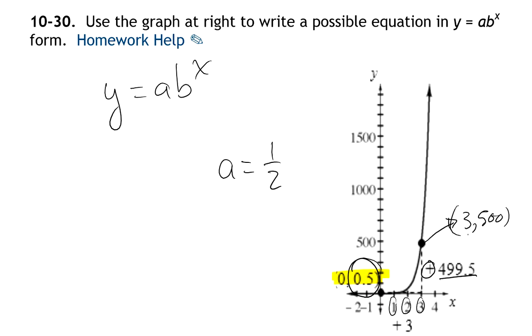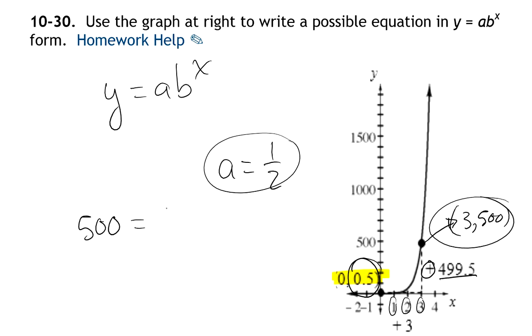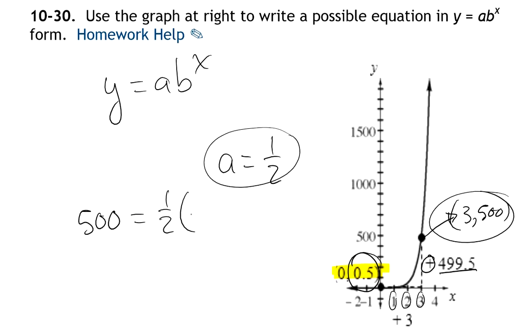So if I consider that point and this initial value together, I get the following expression. y is 500 at that point, and I'm going to write that equals 1/2 times some value of b I do not know yet, raised to the x power, which would have to be 3 in this case, right? Because x is 3, so raised to the 3rd power.